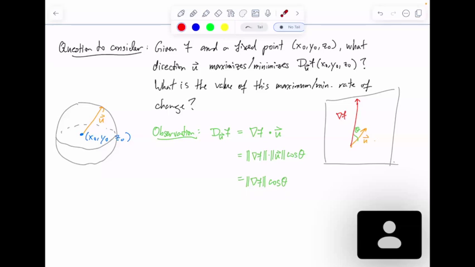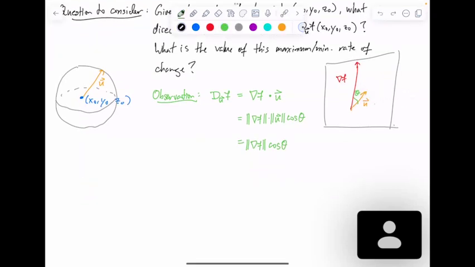So u should be in the same direction as grad f, and when u is in the same direction as grad f, the rate of change, your directional derivative in that particular direction, is exactly the magnitude of grad f. So this is max when theta is equal to 0.